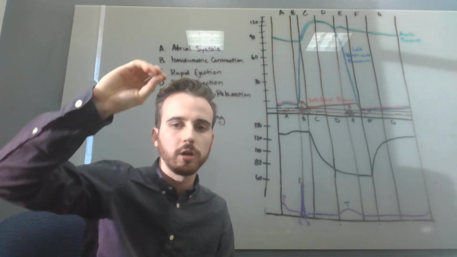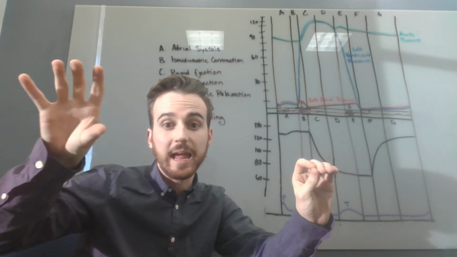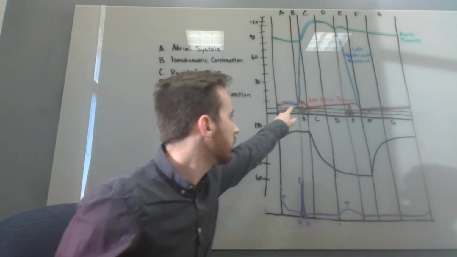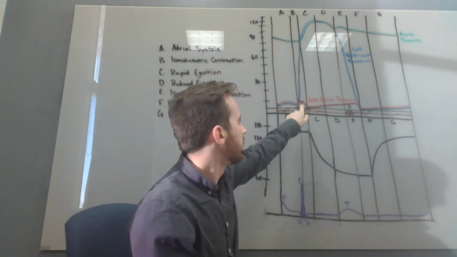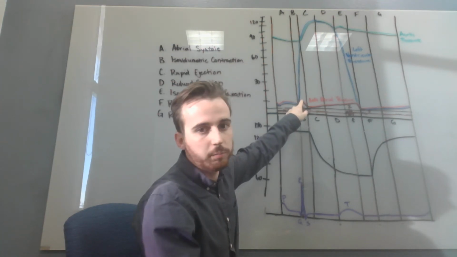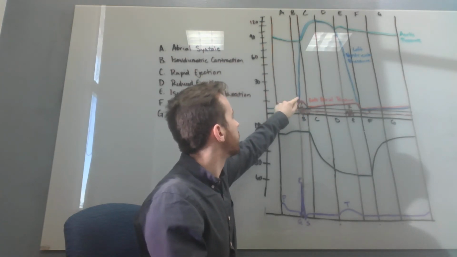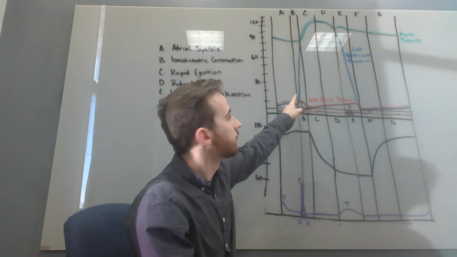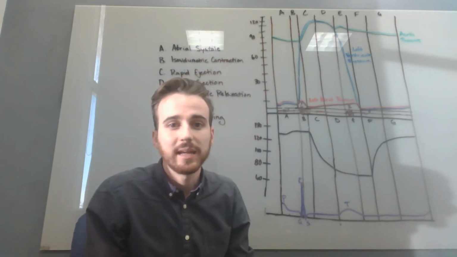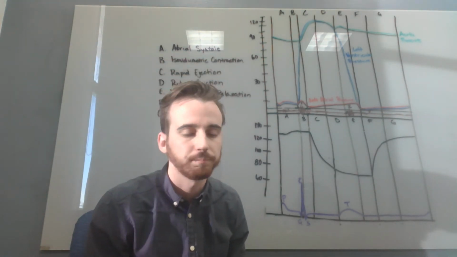Essentially, in order for blood to get from one place to another, the pressure in place A has to be higher than the pressure in place B. And if we look here at our pressure curve, at the beginning of time course B, our ventricular pressure is really quite low, okay? It's hanging out at about 10 millimeters of mercury. But our aortic pressure is all the way up here at about 80 to 90 millimeters of mercury.